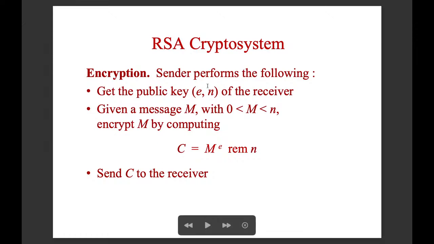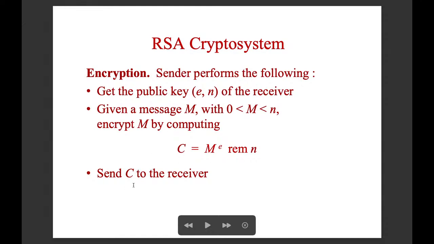A sender will know the values of e and n from the receiver, so when he has a message to send, let's say the message m is an integer between 0 and n, he simply raises m to the power e, and then divides it by n and takes the remainder. So the encrypted message c will simply be equal to m to the power e modulo n. Okay, is that okay? Taking the remainder.